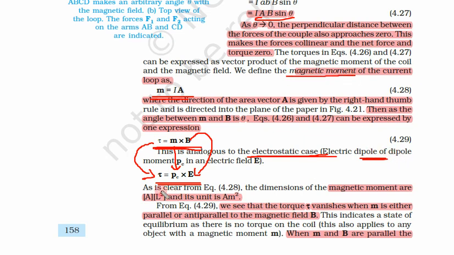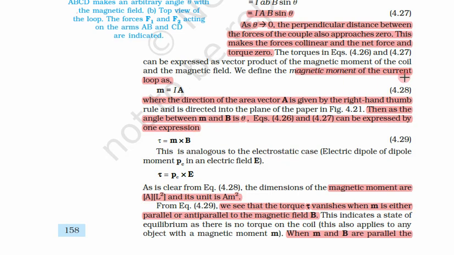So previously torque, this time also torque. Electric field becomes magnetic field, and dipole moment becomes magnetic moment. So these are the only changes, rest are same.